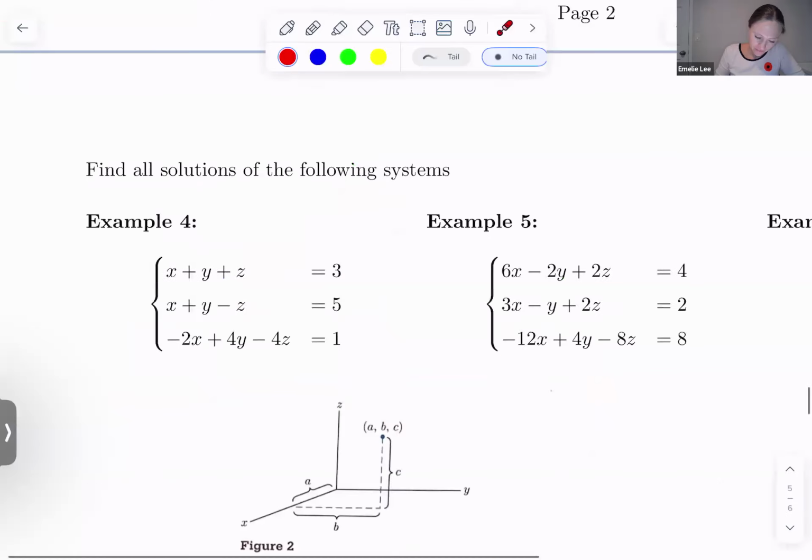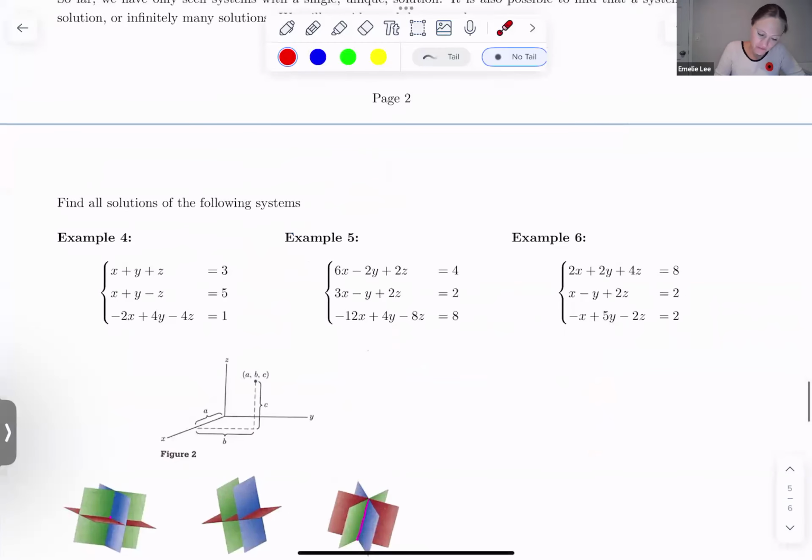So should I do 4? How about this? Because we just did one with solutions, we know what the ones with solutions look like.